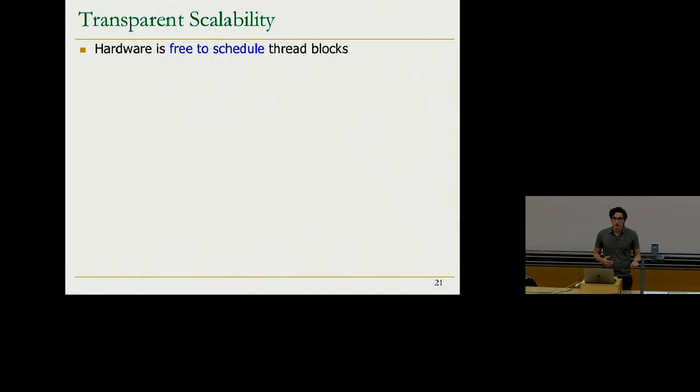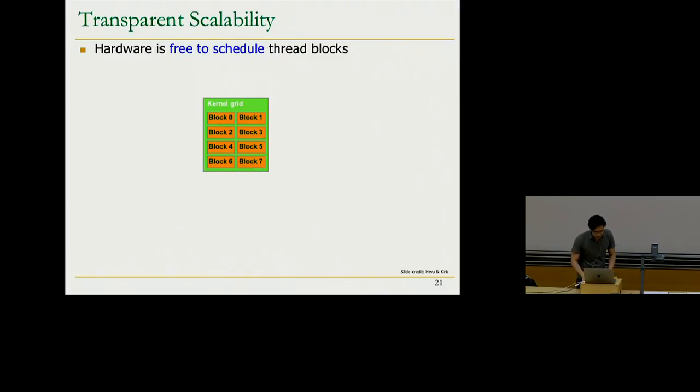In the case of the GPU, there are also different GPUs with different architectures, with few cores, few SIMD pipelines, or many more. And I want to run the same code. I don't want to change my code every time I change the GPU.